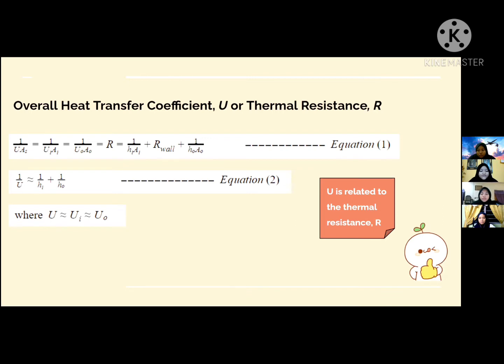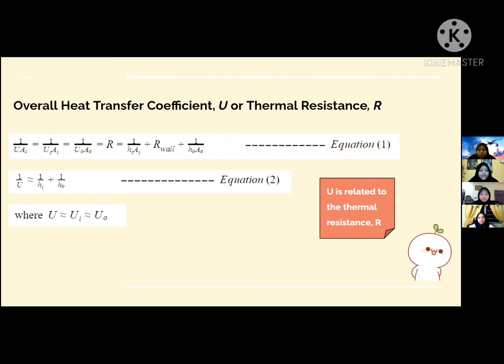As you can see in the first equation, 1 over U times surface area equals 1 over U inlet times surface area at inlet, equals 1 over U outlet times surface area at outlet, which equals thermal resistance.